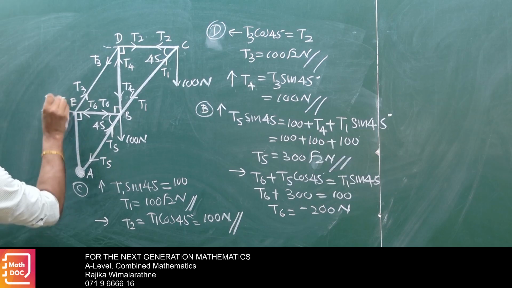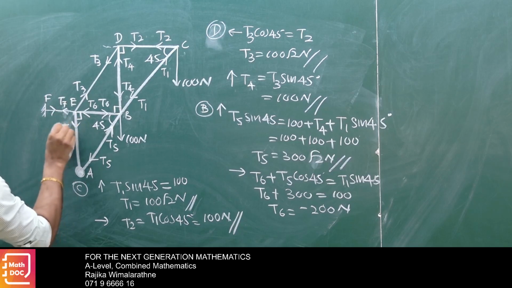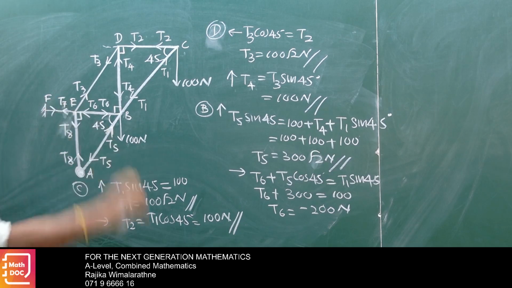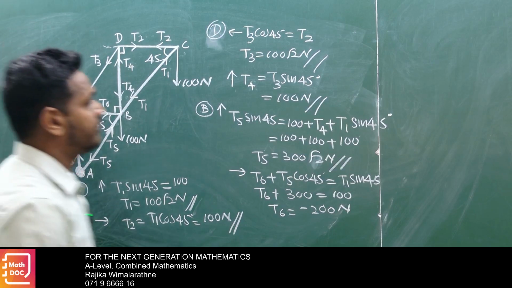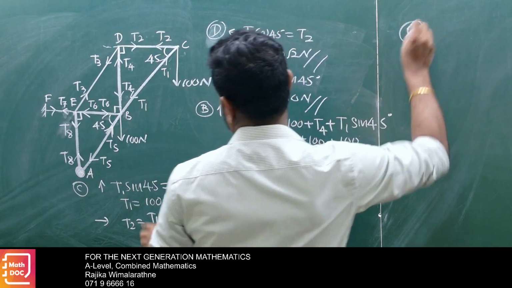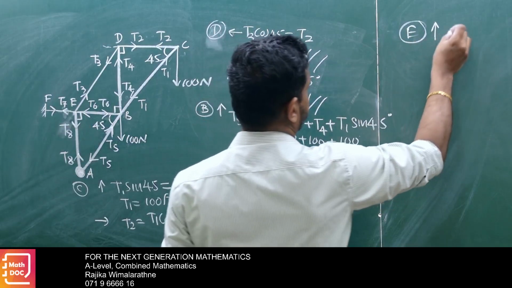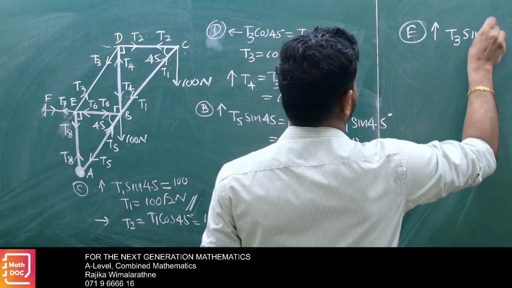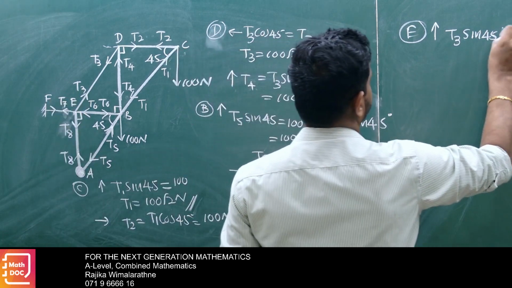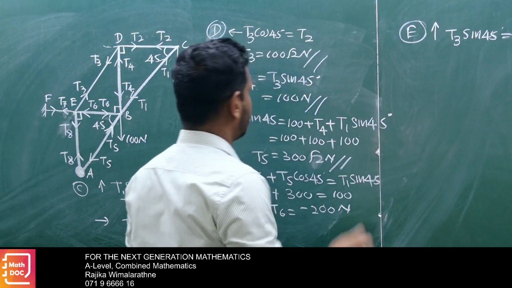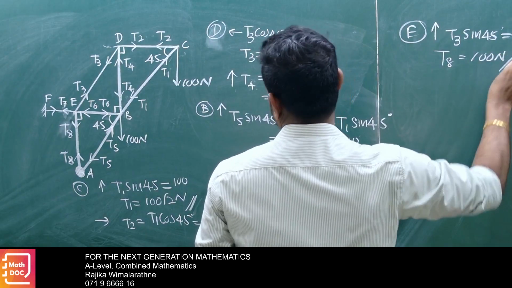Here mark T7, then T8. Then go to vertex E. The vertical forces: T3 sin 45 equal T8. T3 is 100 root 2, no? T8 is 100.